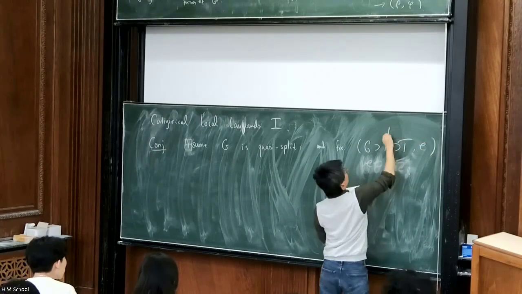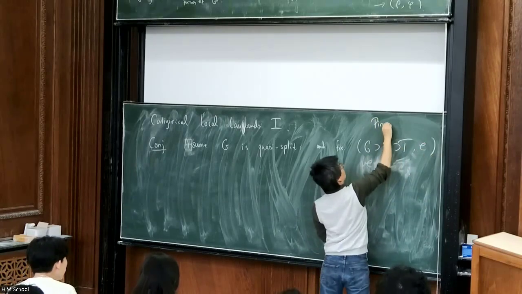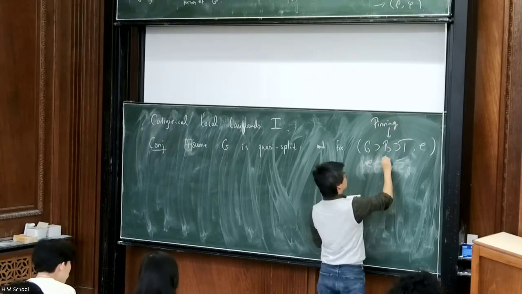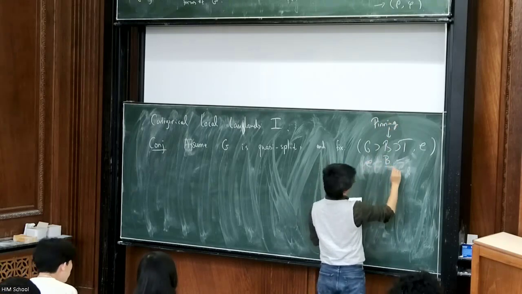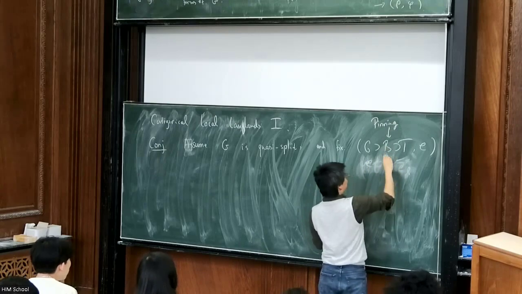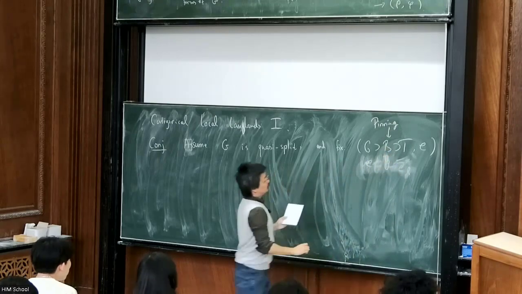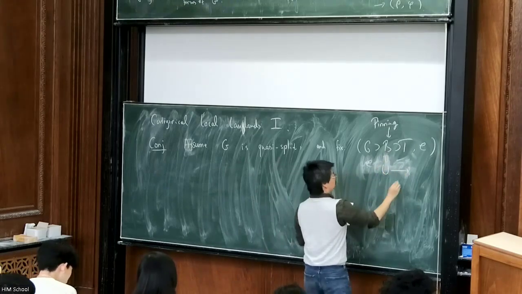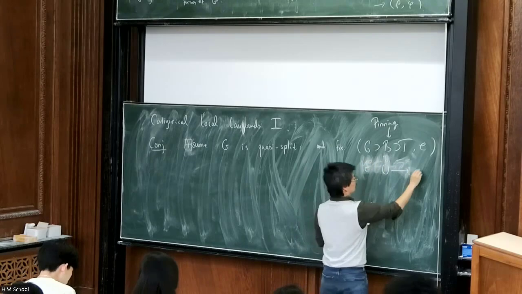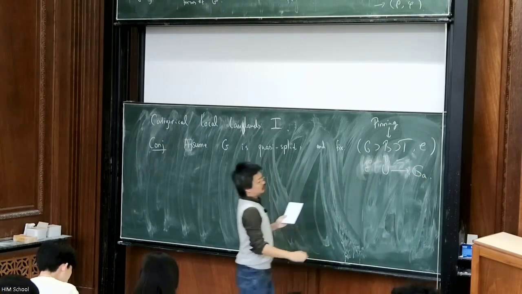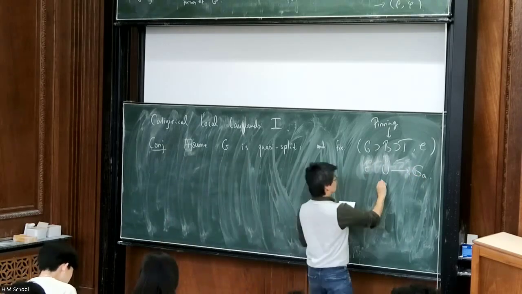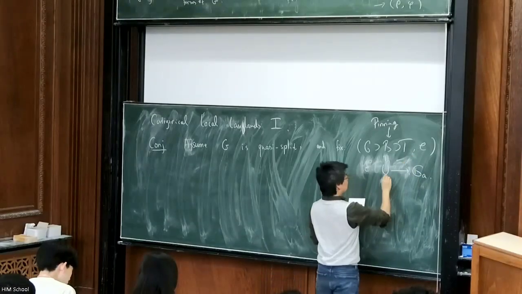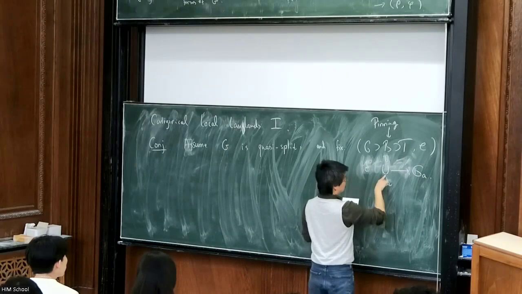This is called a pinning. You have B inside G, and you have a unipotent radical U. E is basically an algebraic homomorphism from U to G_a, non-degenerate.